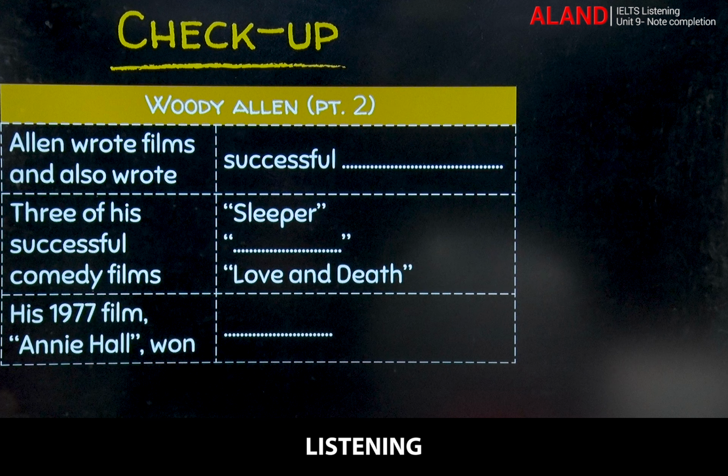He became a film director in the late 60s and produced some hugely successful film comedies, notably Sleeper, a comedy set in the future, Bananas, a comedy set in a banana republic, and Love and Death, his classic spoof of Tolstoy's War and Peace. In 1977, his film Annie Hall was a huge success and won him praise from audiences and critics alike, and it won 3 Oscars for director, screenplay, and best picture.